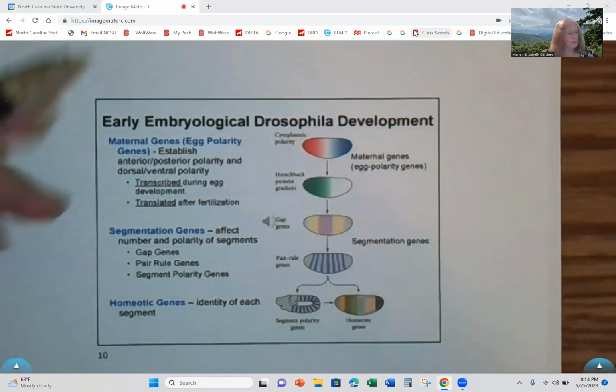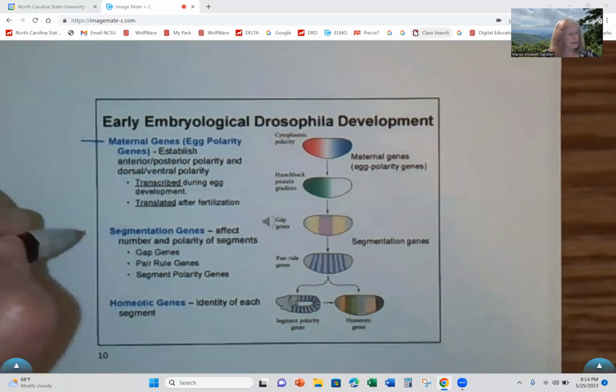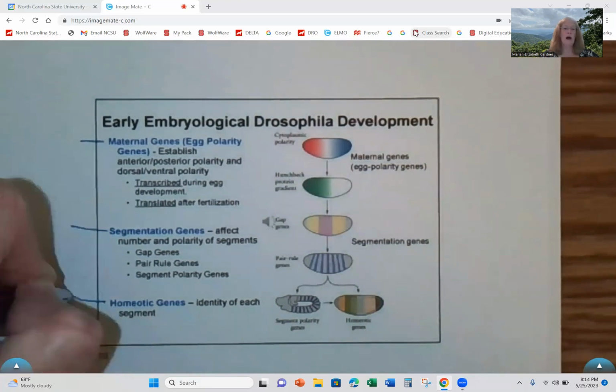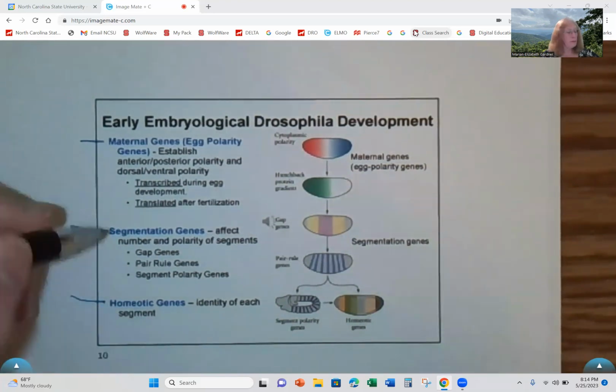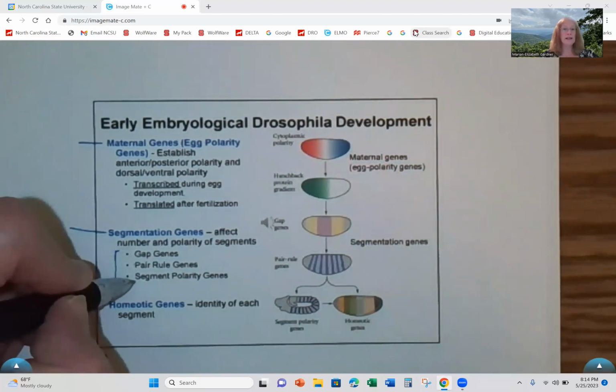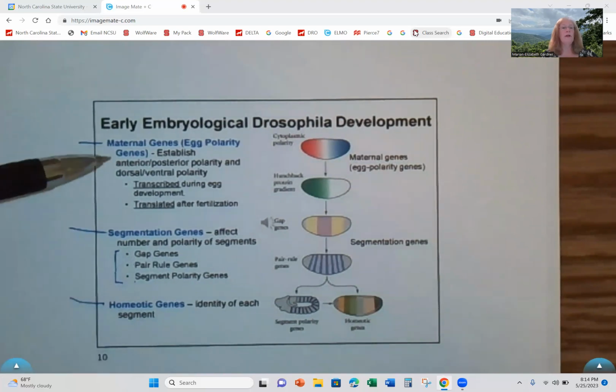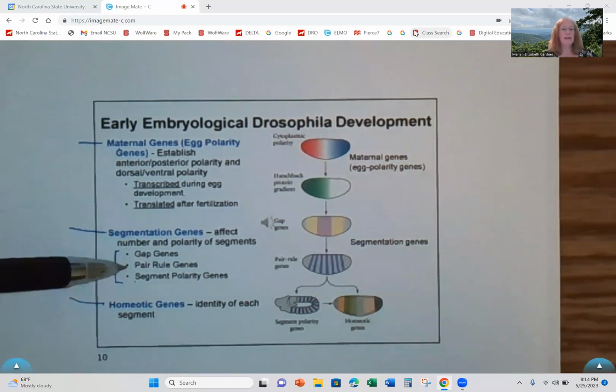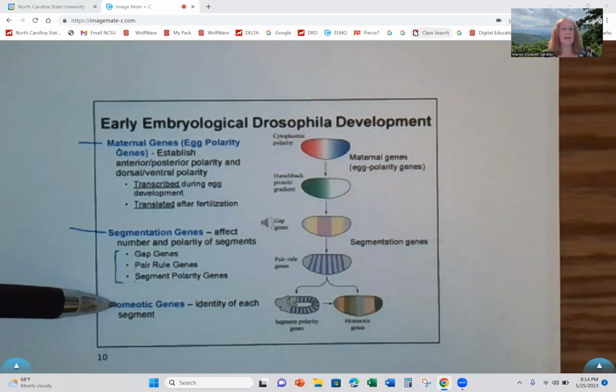We talked about 3 main classes: maternal genes, segmentation, and homeotic genes. And we broke the segmentation genes down into the gap, the pair rule, and the segment polarity genes. So in order, the genes are maternal genes, gap, pair rule, segment polarity, and homeotic genes.